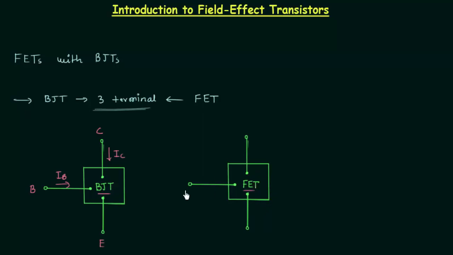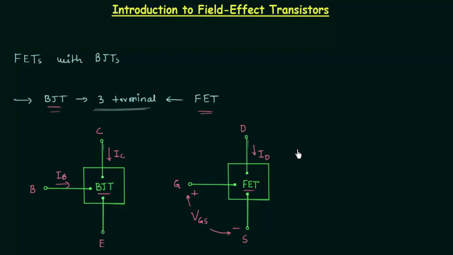And in case of FET, this terminal here is the gate terminal, this terminal is the drain terminal, this terminal here is the source terminal, and the potential difference between the gate and source terminals is VGS. The current in this branch, that is the output current, is equal to ID. So BJT and FET both are 3-terminal devices.